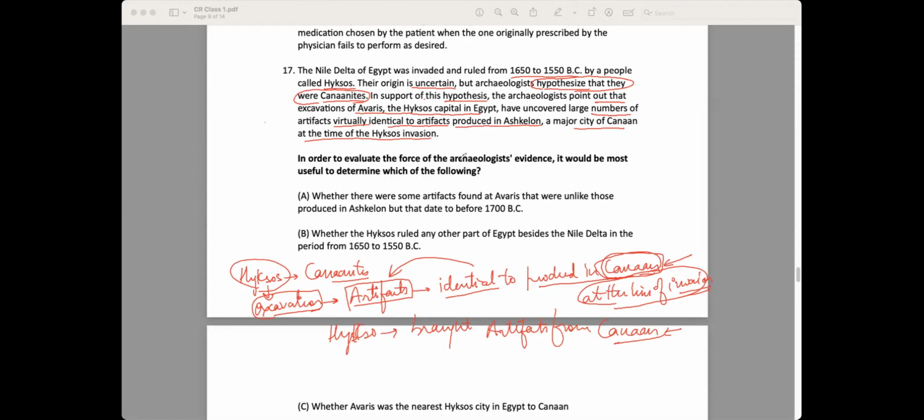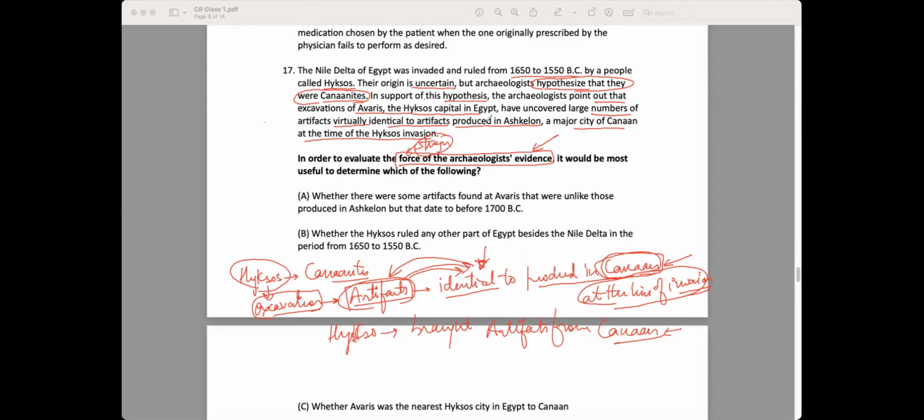So in order to evaluate the force of archaeologists' evidence, this is important. Force means whether that evidence, the artifacts being identical. Okay, so we're not challenging whether the artifacts are identical or not. That's not what we're doing. Whether that evidence, having those identical artifacts, is a strong evidence or not.